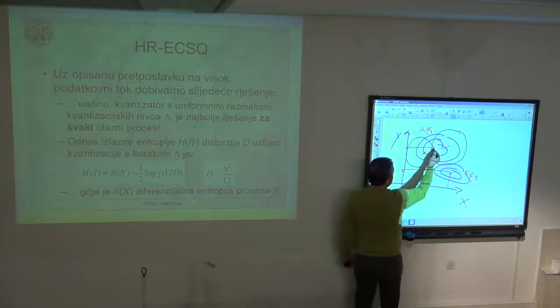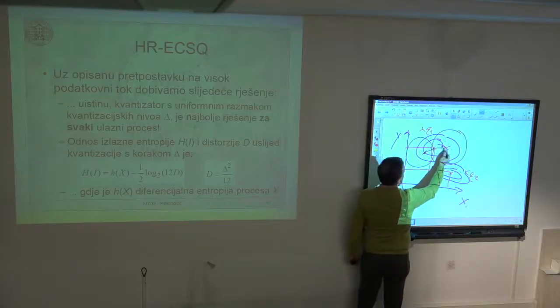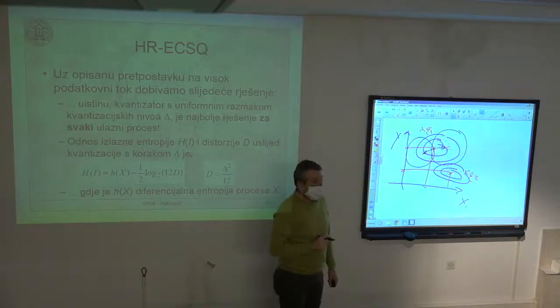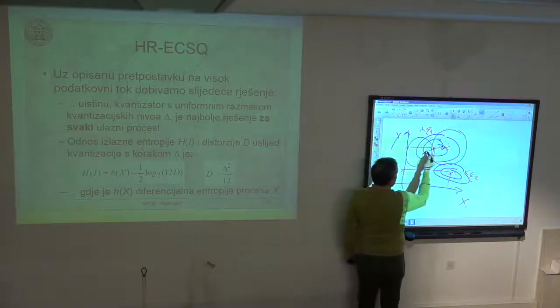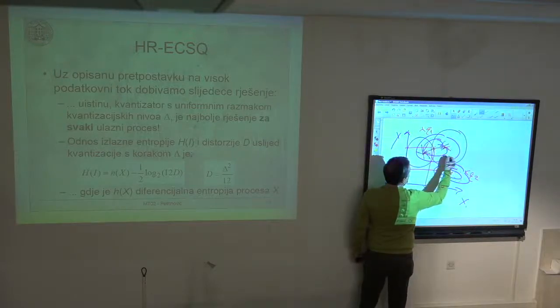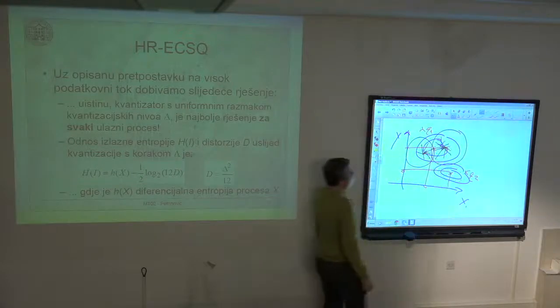So I have split this process in two parts, and I have a better representation. Why? Because the error is then smaller. What is the error? The error is the total distance of all points to the nearest point. I simply add up the distance of all process points to the representative.